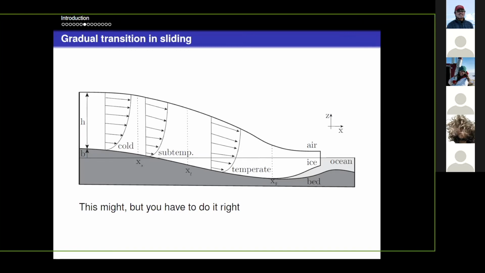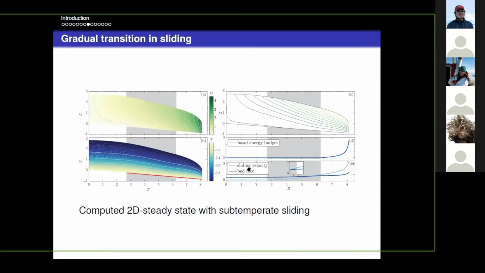There are some ice sheet models out there that recognize the problem with abrupt switching on of sliding, but they do some stuff that numerically fixes the problem without necessarily fixing the physics. So here's an example of a calculation that does switch on sliding below the melting point.